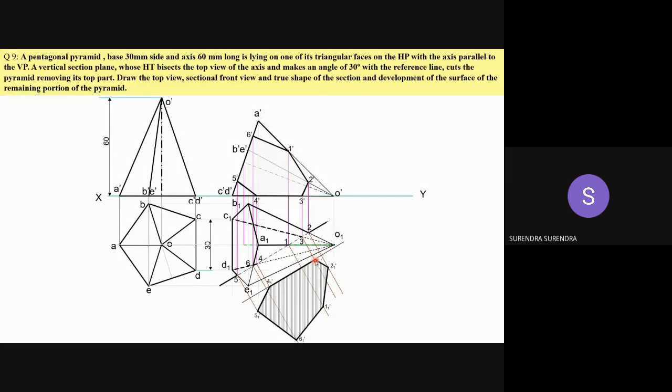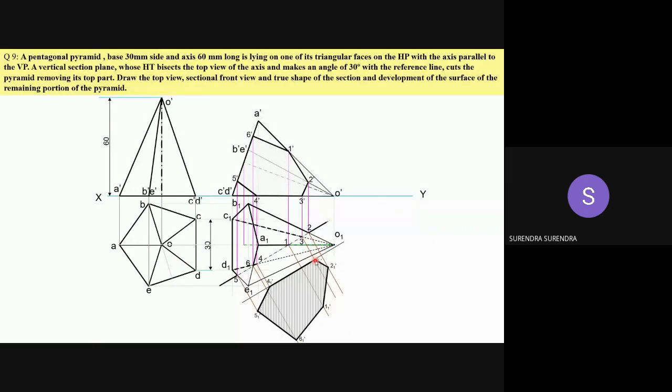And one important thing is, in our syllabus, we don't have this problem. It is just to give you an idea. Why? Because in our syllabus, sections of solids is limited to simple positions, meaning when the axis is perpendicular to one reference plane and parallel to the other.